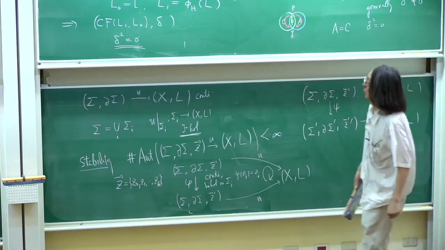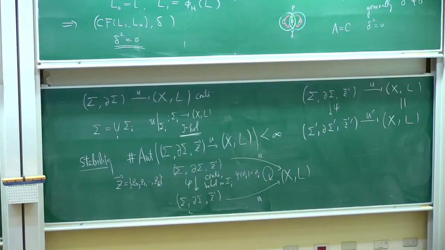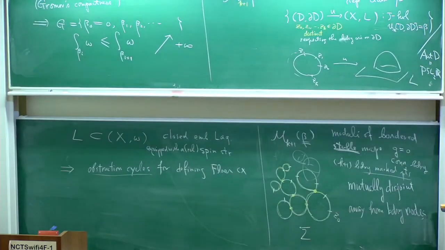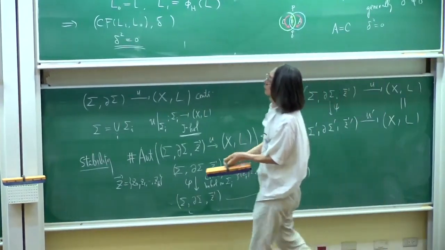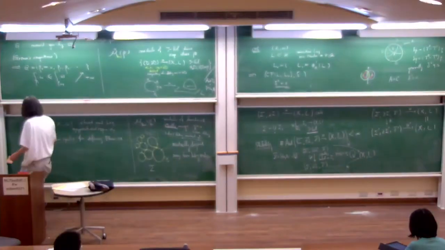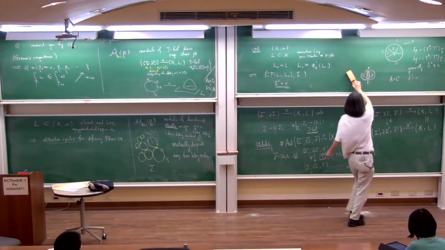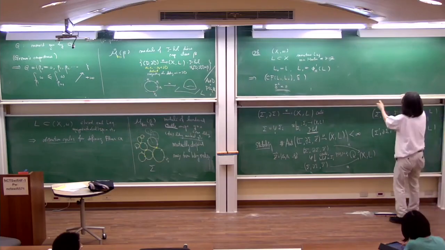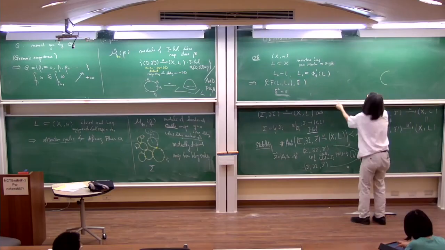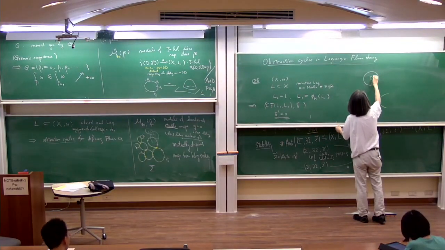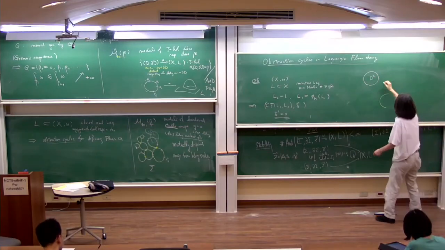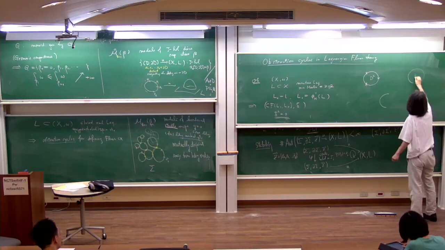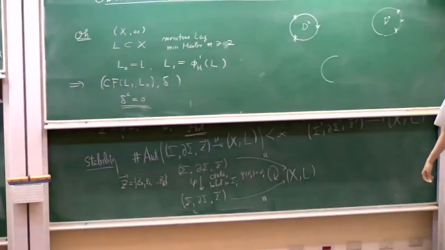Here I don't really preserve any point. I have a disk here, and say certain three points here, and then I have another disk with three points here.